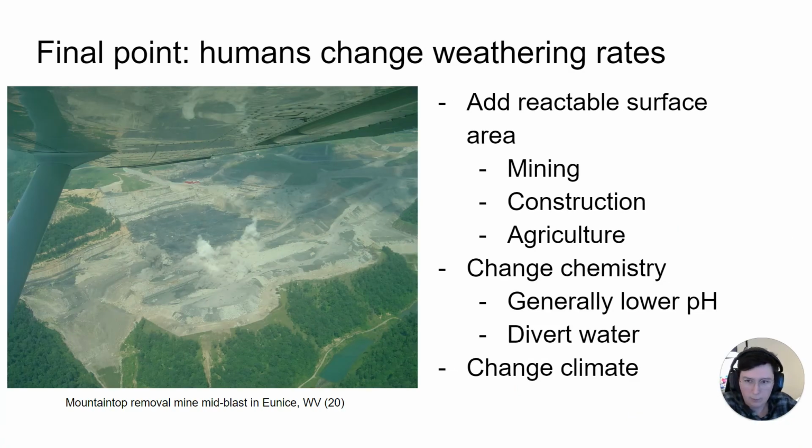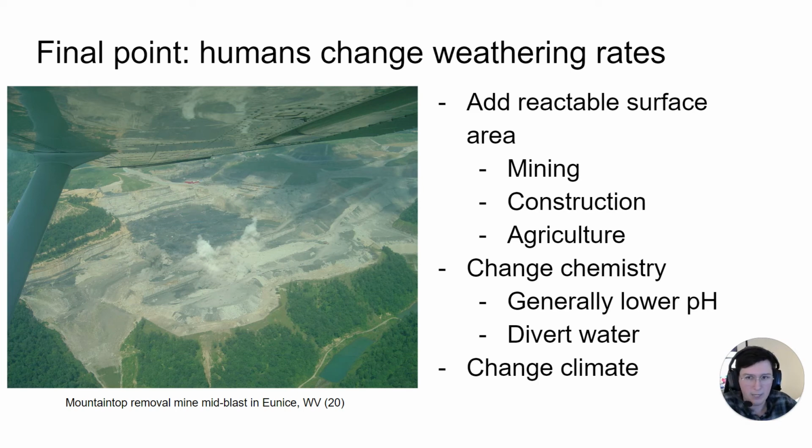So a final point on weathering rates is that we as humans mess them up in a big way. We add reactable surface area by blowing up mountainsides, which is pictured here, or doing construction or plowing fields, and all of this increases reactable surface area and brings new, usually lower exposure minerals to the surface.